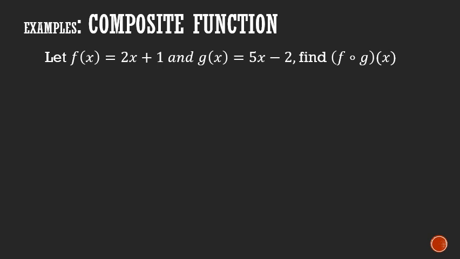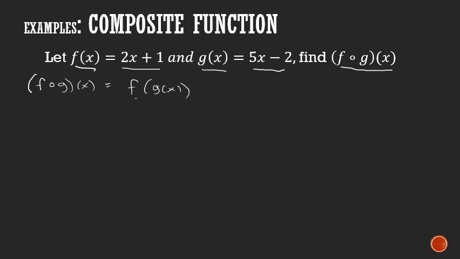Let's say we have f of x equals 2x plus 1 and g of x equals 5x minus 2. Let's find the f circle g of x. By the definition, we have f circle g of x is just equal to f of g of x.